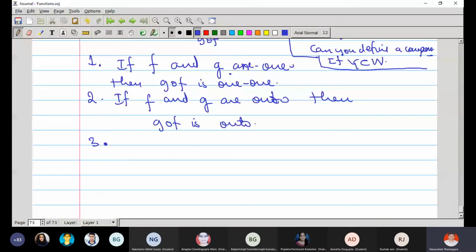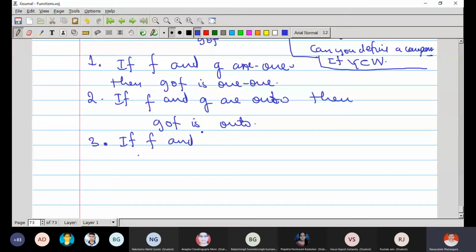Suppose F and G are both 1-1 and onto. If F and G are 1-1, then the composition is 1-1. If F and G are onto, then the composition is onto. Suppose F and G are both 1-1 and onto. Can I say that G composite F is 1-1 and onto? Yes.